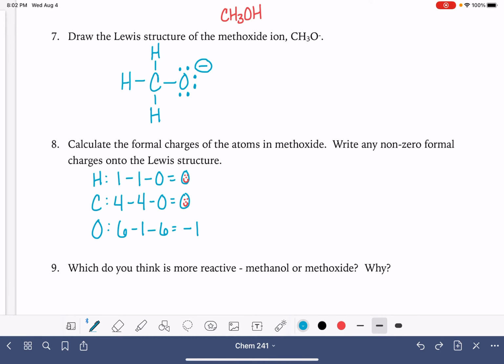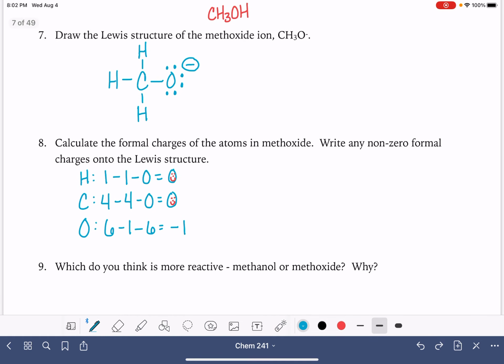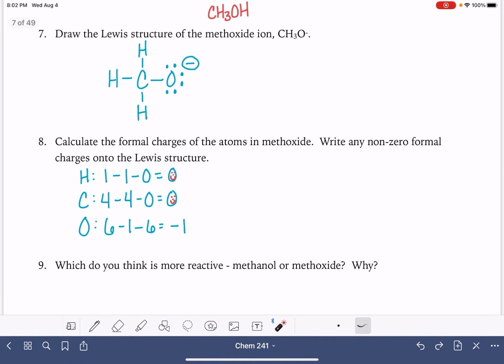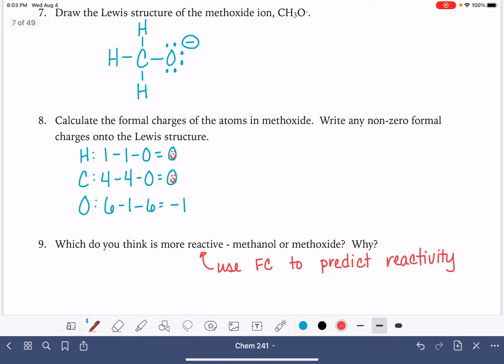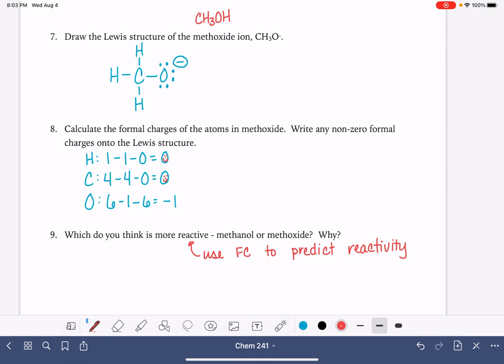Okay, so what do we think is more reactive, methanol or methoxide? When anybody asks you to predict reactivity, we want to use our formal charges to help us make these predictions. Use formal charges to predict reactivity. So with methanol, the molecule on the previous page, all the formal charges were 0, which meant that it was completely stable, like perfectly happy.